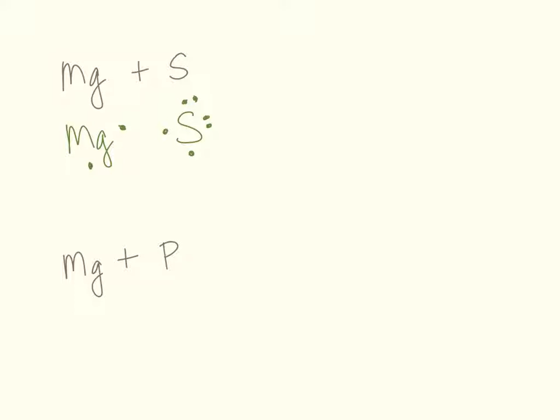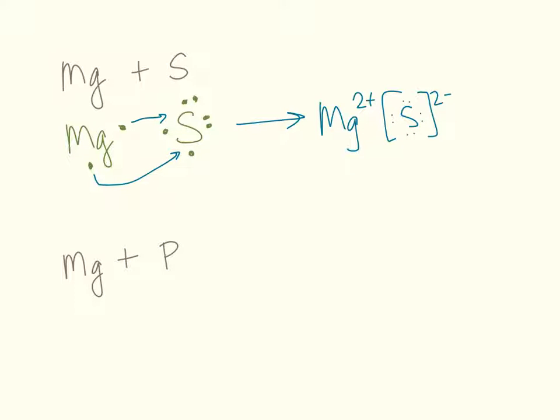So sulfur is the more electronegative one, so it takes the electrons, and it can take 2, and magnesium has 2 to give, so it will give both of them. And so what we end up getting is magnesium with a 2+ charge, and then we have sulfur with a 2- charge. And so that's only 1 magnesium and 1 sulfur. So it's MgS.